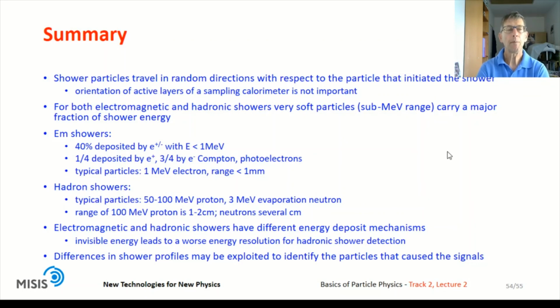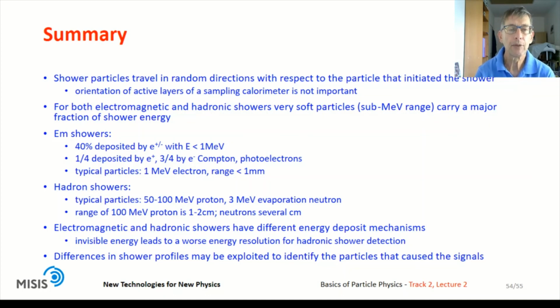So shower particles travel in random directions with respect to the particle that initiated the shower. This has an impact for the calorimeter design because the orientation of the active layers of a sampling calorimeter is therefore not important. You will see this in the lecture on calorimetry.